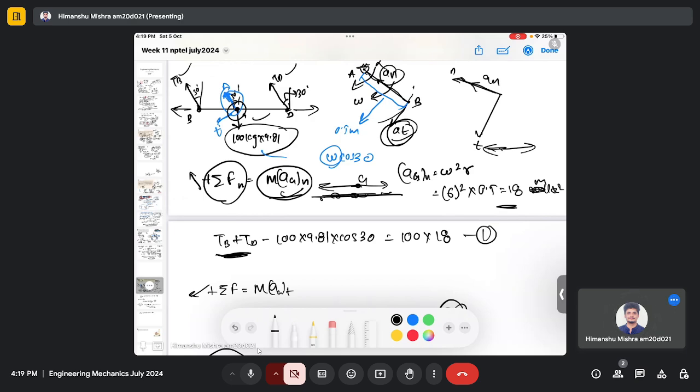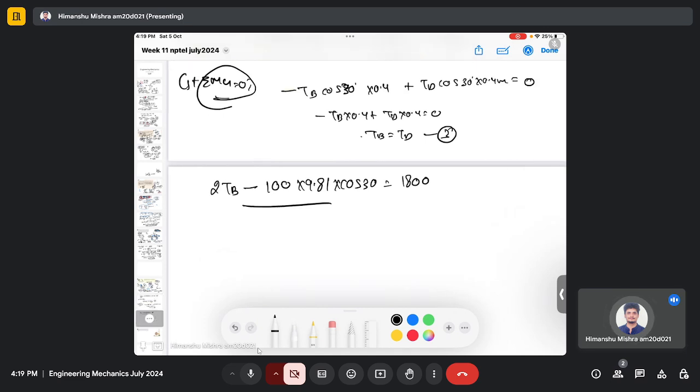So now I can find TB here, which is 1800 plus 100 multiplied by 9.81 multiplied by cos 30.